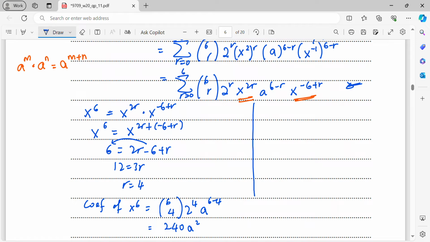Okay, so now for the other term, x power 3, I will use back the same method. It will be x power 2r times x power minus 6 plus r. That means this is same as x to the power of 2r minus 6 plus r, which is x cubed. Then now 3 equals to 2r minus 6 plus r. Okay, so this minus 6 moves to the other side becomes 9.